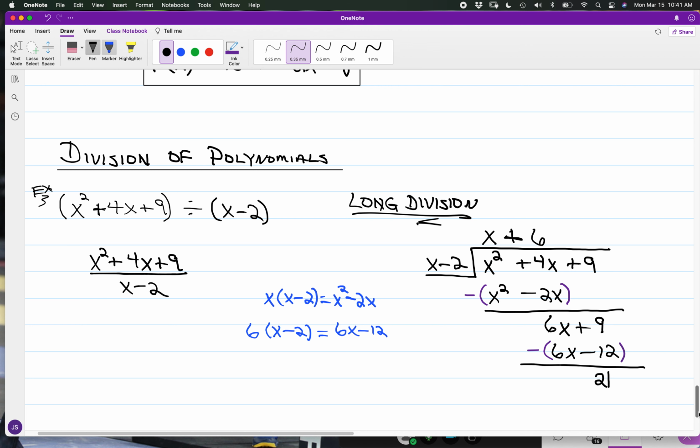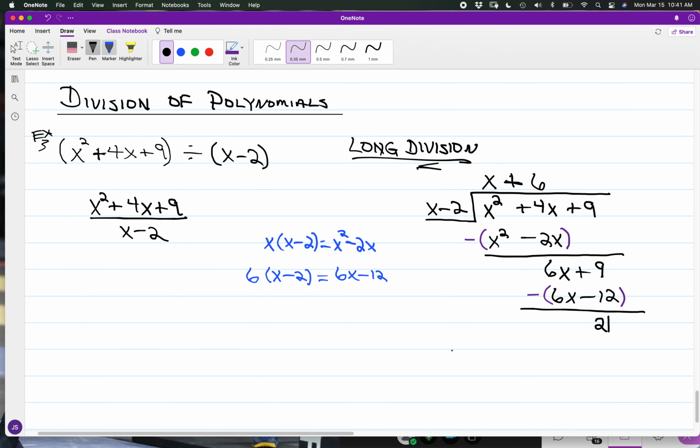And just for the characteristics that I have here, just for the terms. Now again, the divisor, again, that is x minus 2. And the dividend, this is what is taken into, so you have x squared plus 4x plus 9. And we have for x plus 6, this is going to be the quotient.